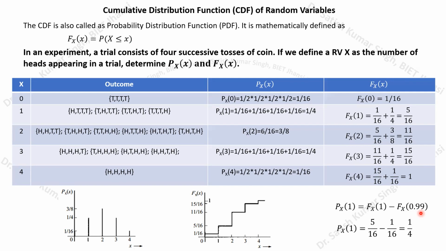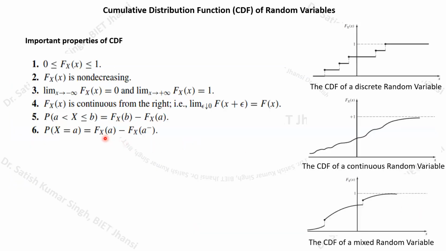So to calculate exactly the probability of X equal to a, we do this simple calculation: F(a) minus F(a minus a small decrement). Then we can easily calculate the exact probability of the random variable X equal to a.